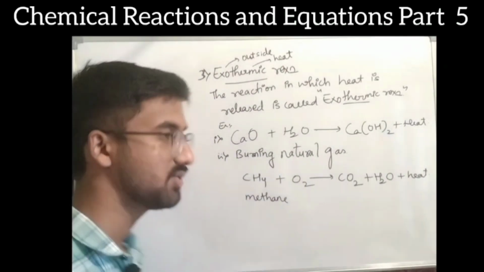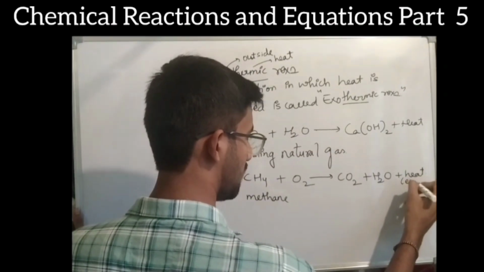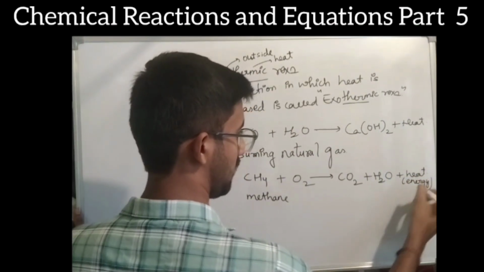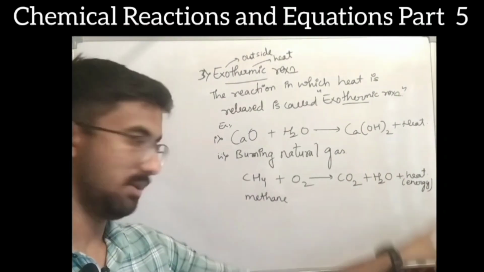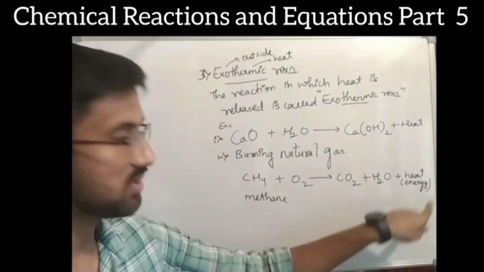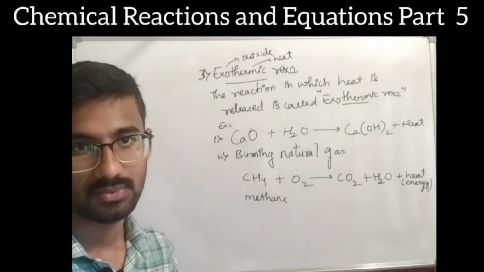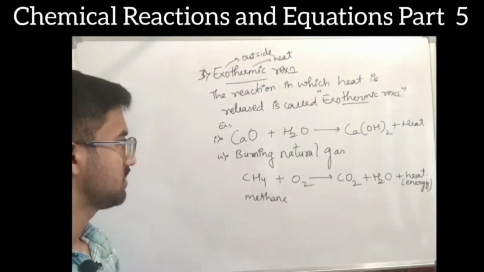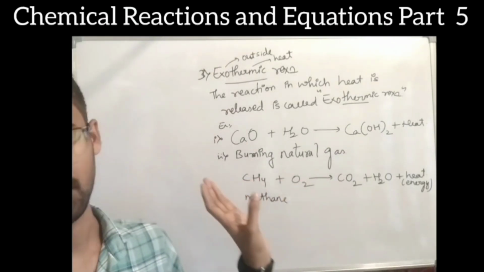Actually this heat is the energy itself, the main byproduct, but the energy is converted into heat, which makes it an exothermic reaction. These two are the famous examples you can mention in your answer for exothermic reaction.